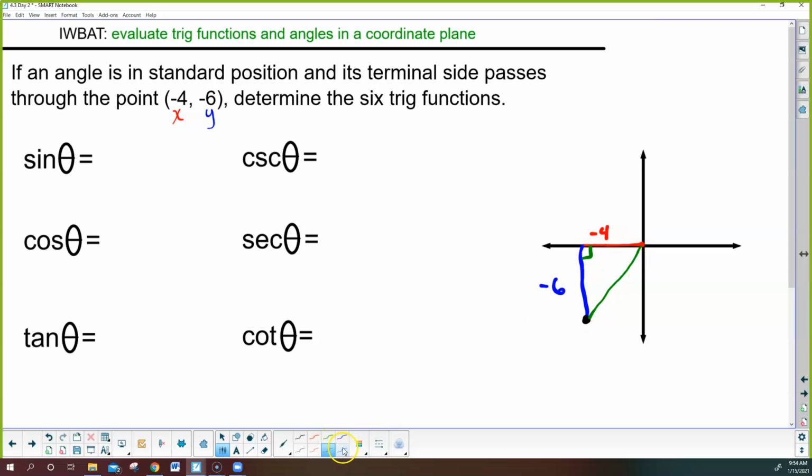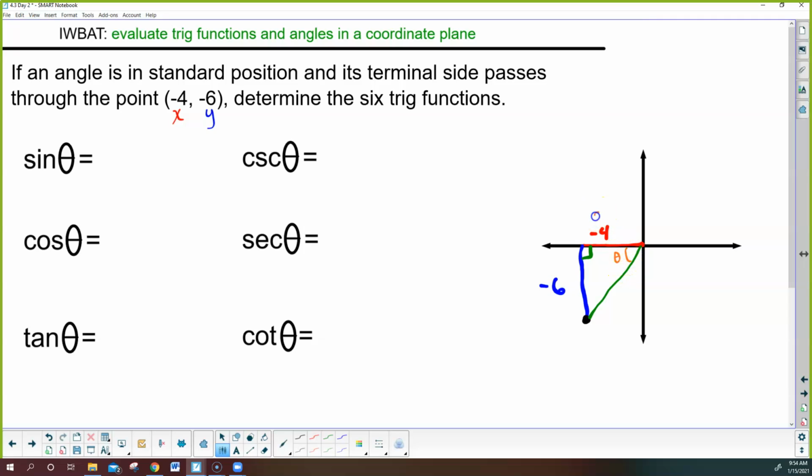And we now know that this angle is my reference angle. That's what theta is right here. So all of these angles are based off of the reference angle of theta, because it's from the terminal side to the closest x-axis.